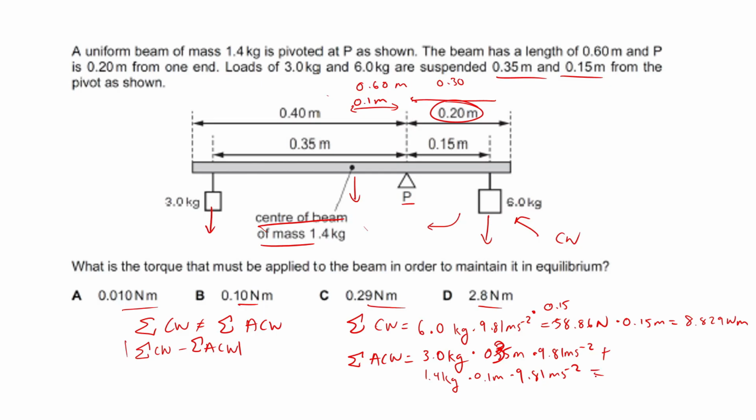And you have to do this math as well, which makes it 11.67, and then you have to subtract 8.829, and then you get 2.8 newton meters, which is D.